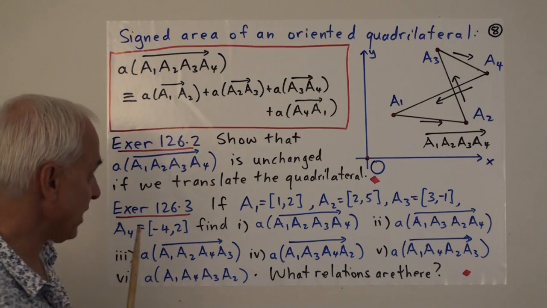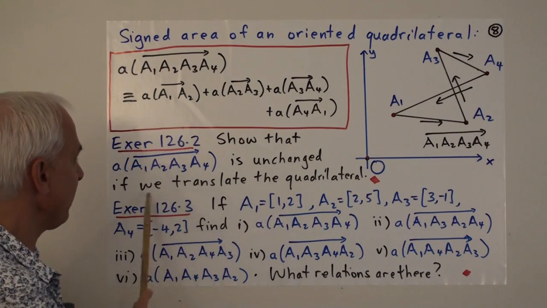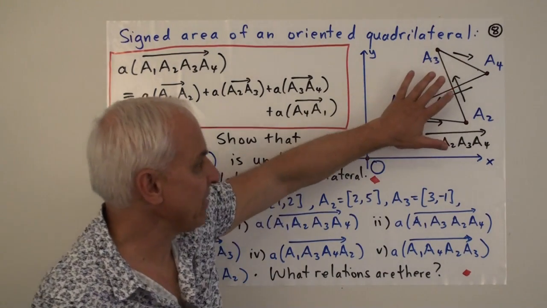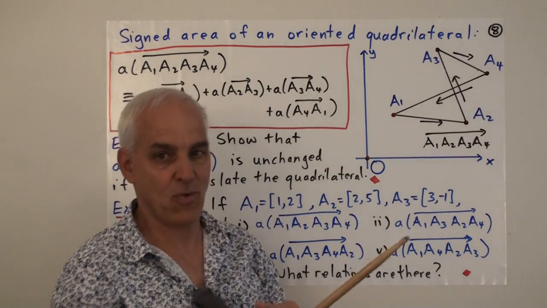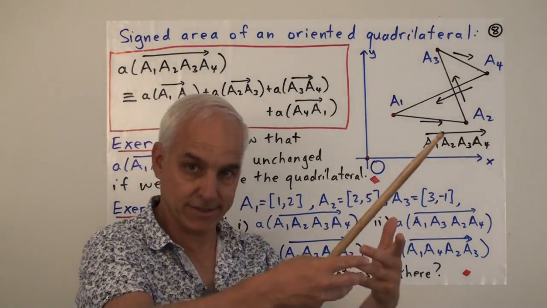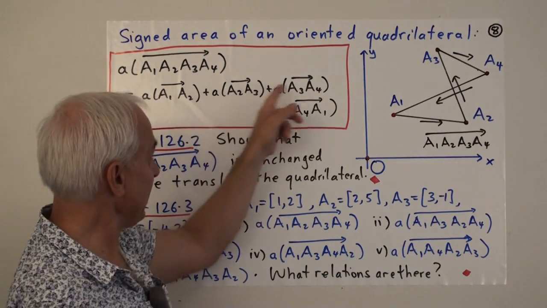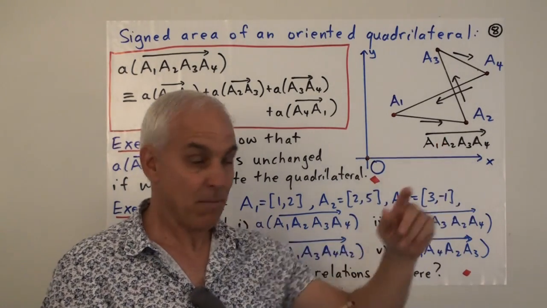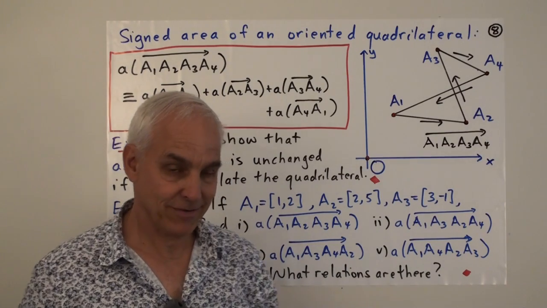Okay, so an excellent exercise is to show that this signed area is in fact unchanged if we translate the quadrilateral. That is, if you add the same pair of numbers to the x and y coordinates of all 4 points, then these quantities here will change because the triangles all have moved, but the total combination will not have changed.